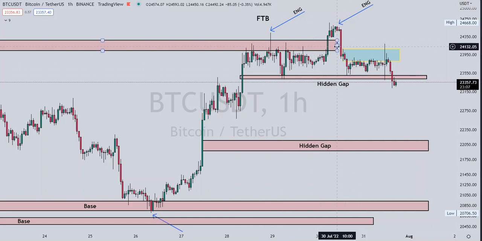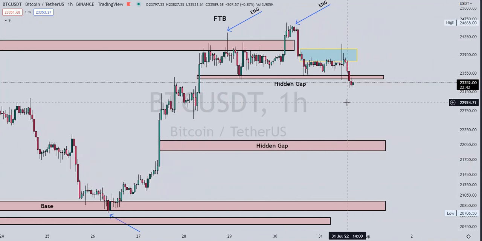And also this resistance finally broke to the upside, but the price couldn't stay above it and dropped below this resistance with a very nice momentum candle to the downside. So again, I can see two engulfing areas here, and also I believe this was a fake out.